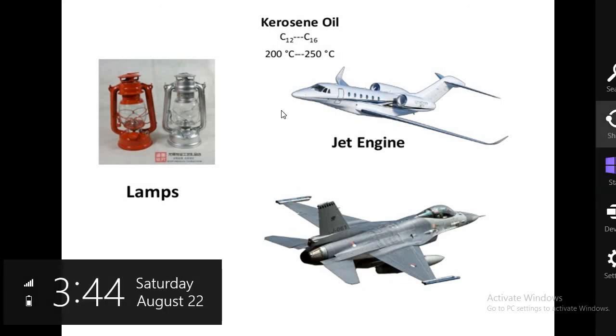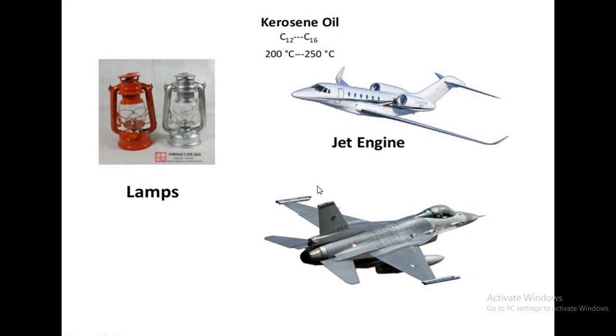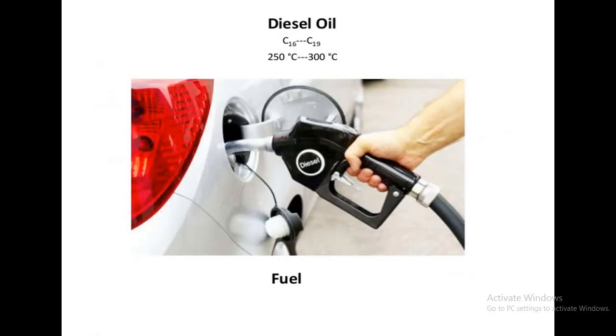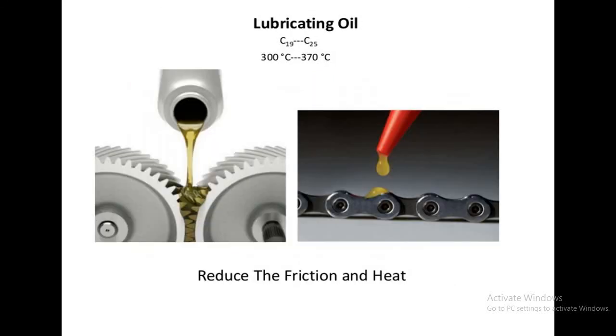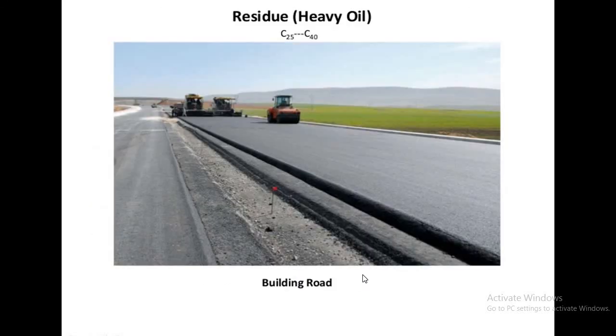I have added lamps here, and the air jet, also called jet fuel. Then comes diesel oil, which is fuel for the heavy vehicles. And here, lubricating oil reduces the friction between the different parts of the machinery. And residue is used for building roads.